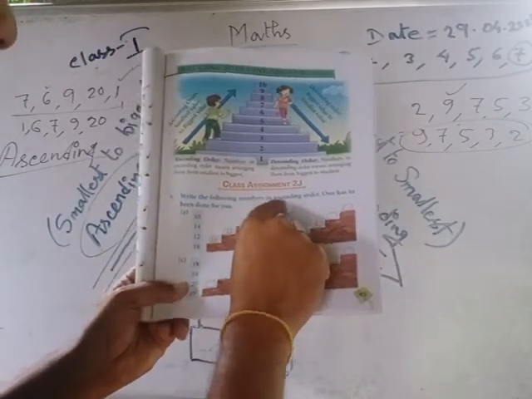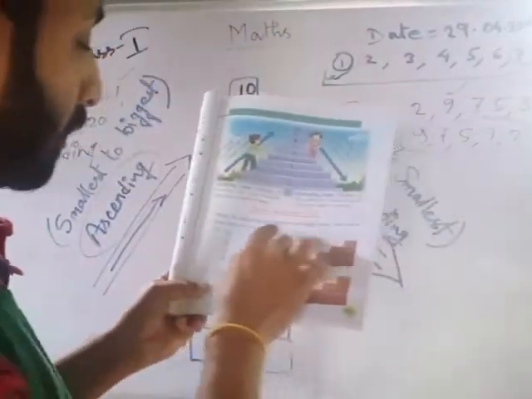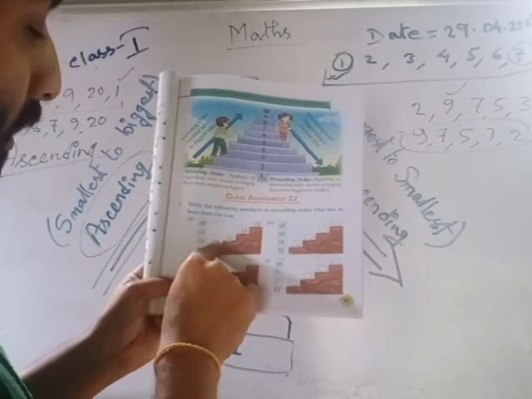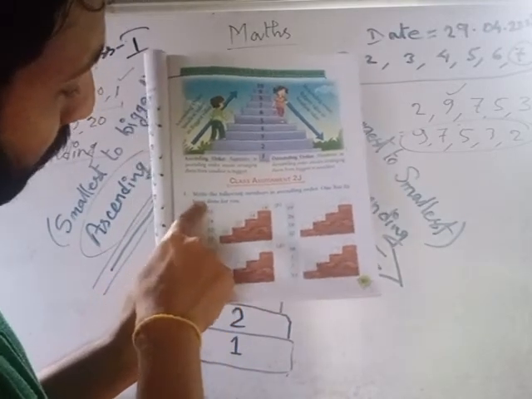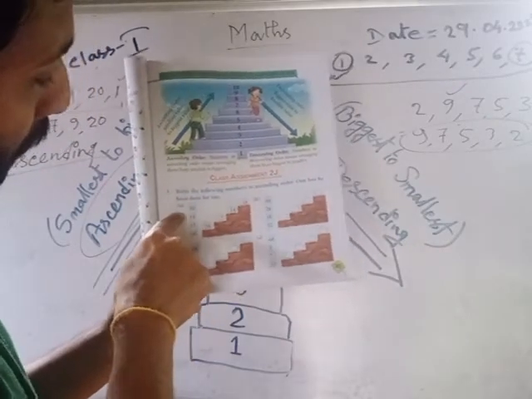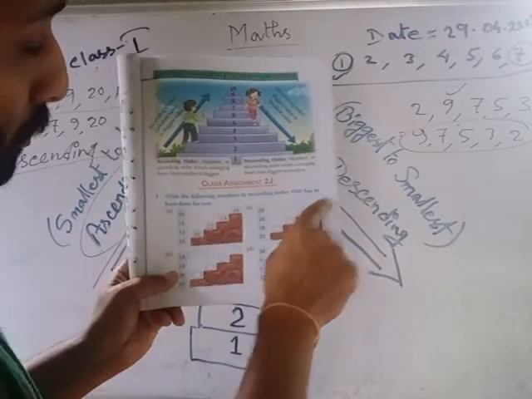Write the following numbers in ascending order. That means smallest to biggest. You should write the smallest number first. At first find out the smallest number. 10, then 12, 14, 18. So you should write here like this.